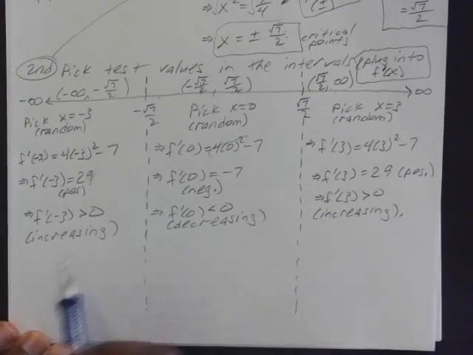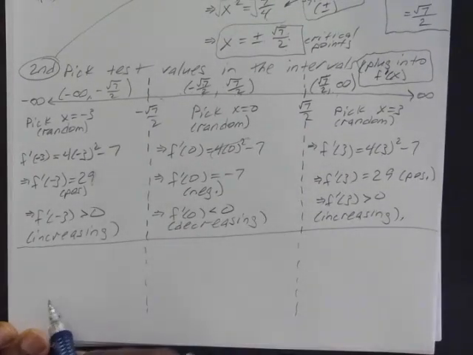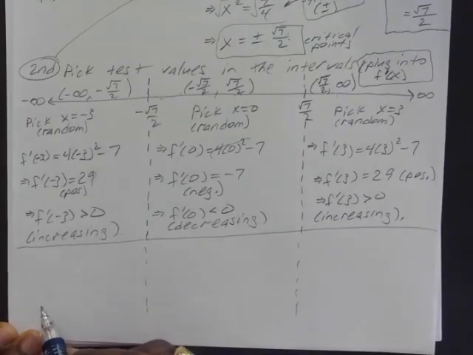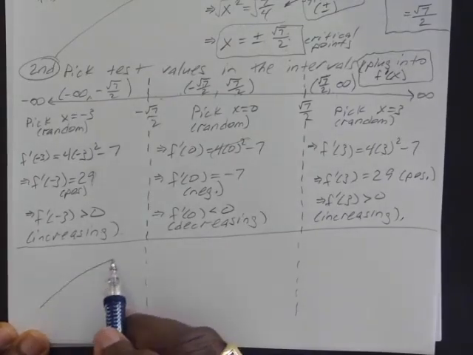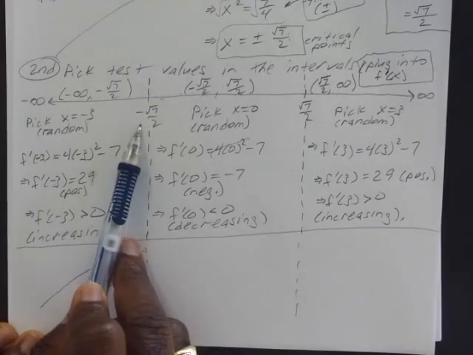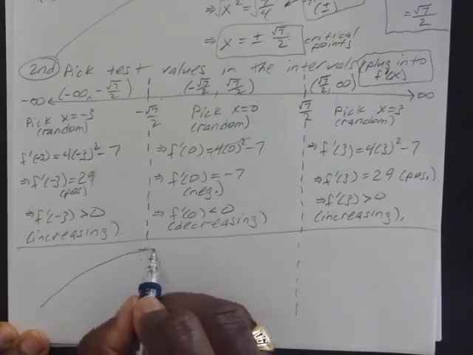Okay, so we know that since, and I'm just going to draw a little bit of a line across here. Since it's increasing for this interval, we know that it's going up and up and up and up. And at -√7/2, we know that our derivative is 0. So we know that the slope of the tangent line is 0.